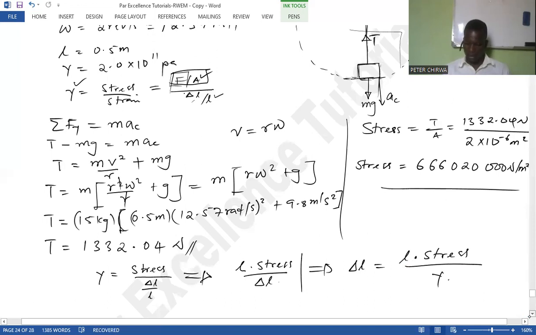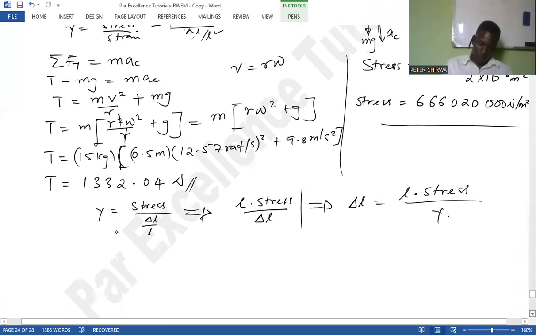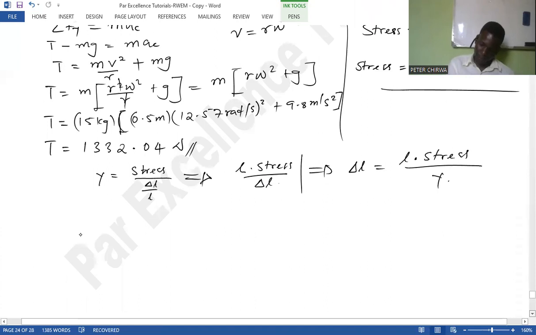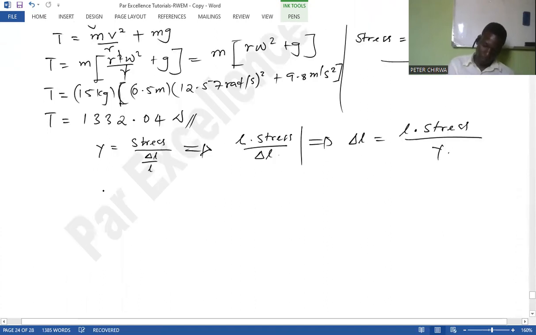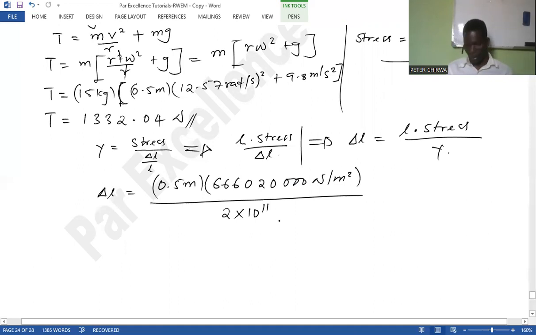All right. So now we are going to have change in L being equal to L, which is 0.5 meters, times stress, which is 6602000 Newton per square meter, over Young's modulus, which was 2 times 10 to the power 11 Pascal.